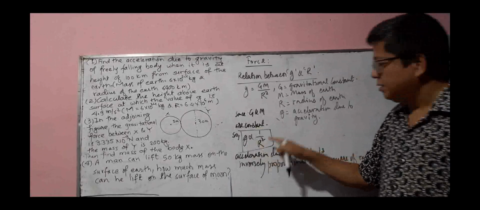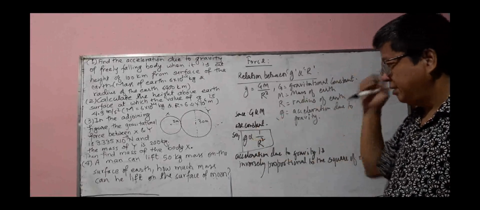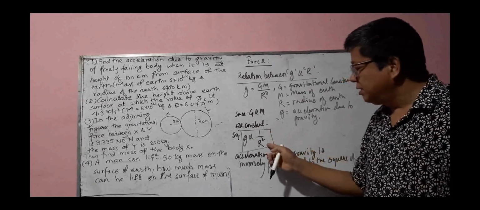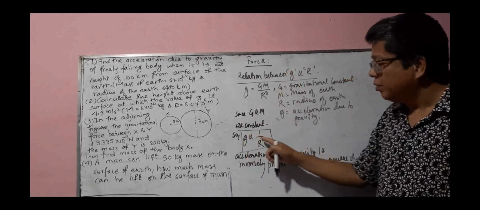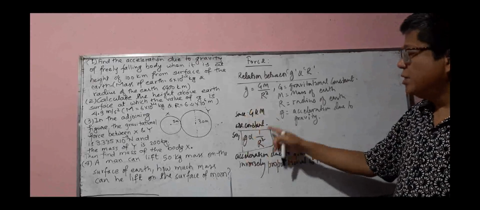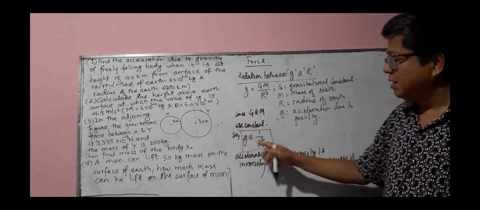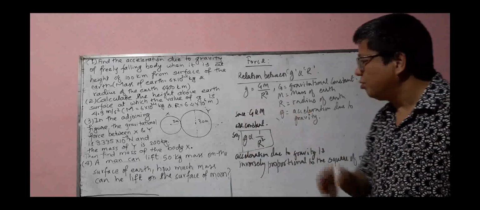It means the radius of Earth determines the value of g. So when r increases, then g decreases, or when r decreases, then g increases. That means when the value of r is more, the value of g is less, and when the value of r is less, the value of g is more.